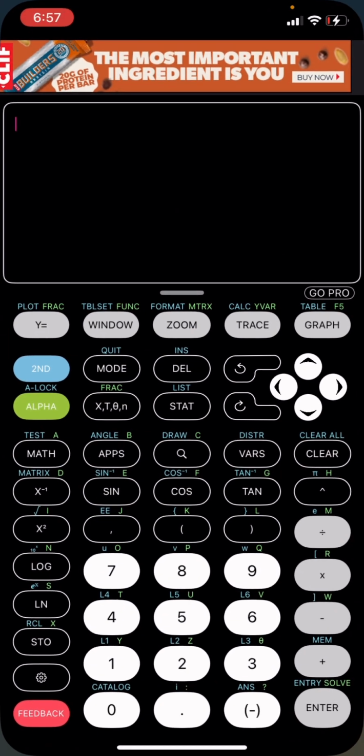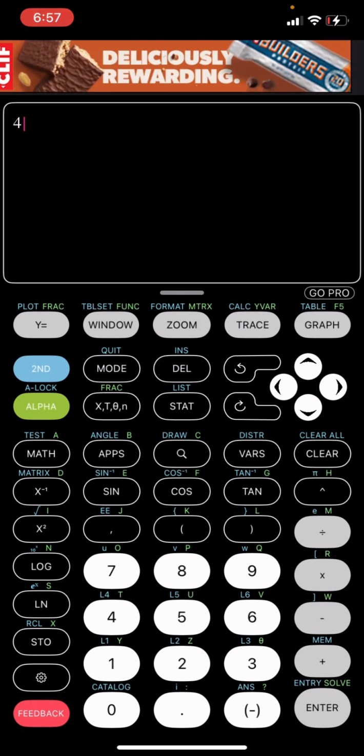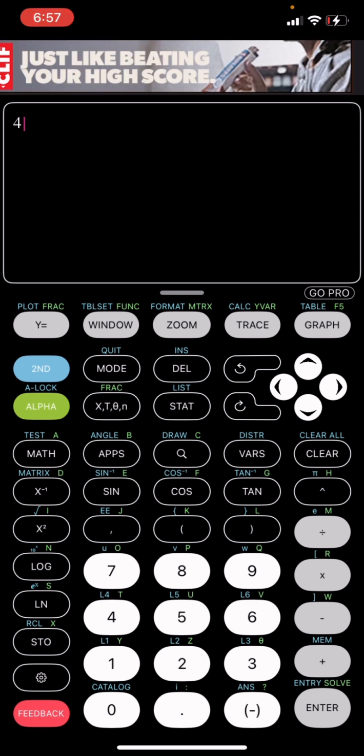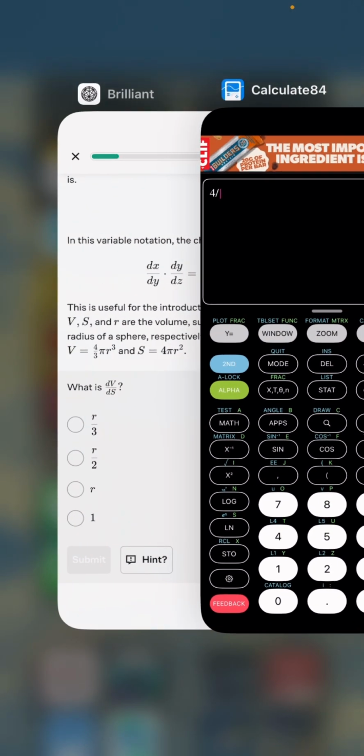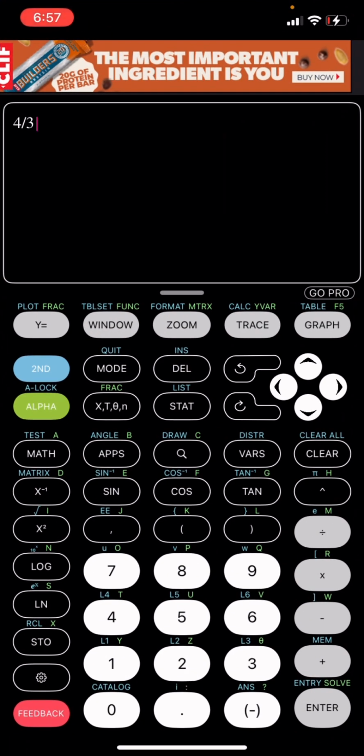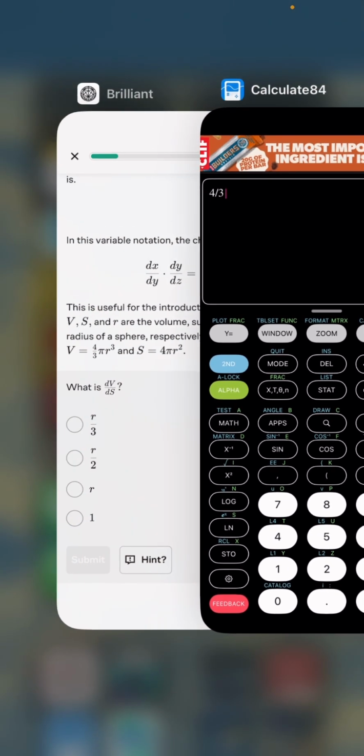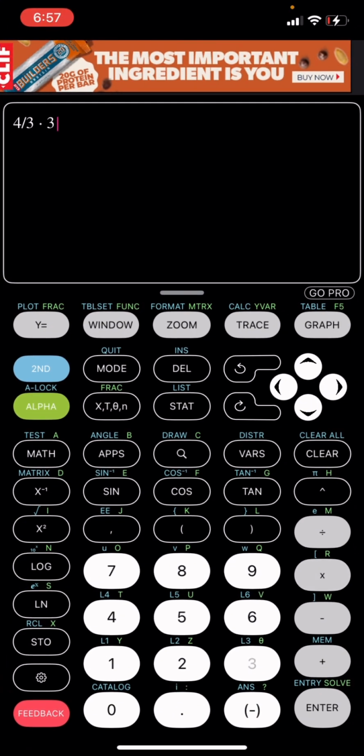Hopefully I'm not messing up the whole math, because this must be cringy to actual calculus students.